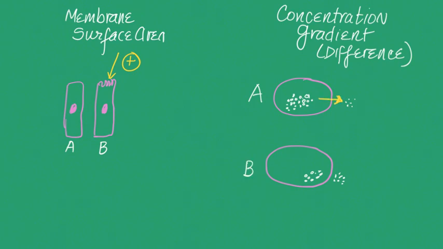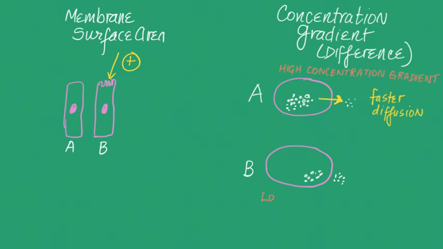In cell B, on the other hand, the difference in concentration between the inside and outside is much less. So the diffusion rate in cell A is much higher, it's faster, because it has a high concentration gradient. The greater the concentration gradient, the faster the diffusion.